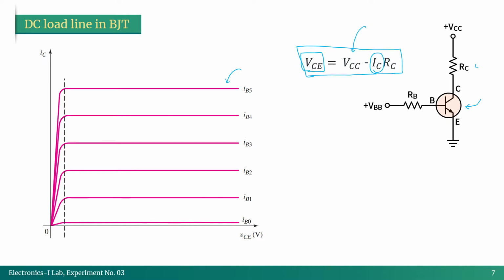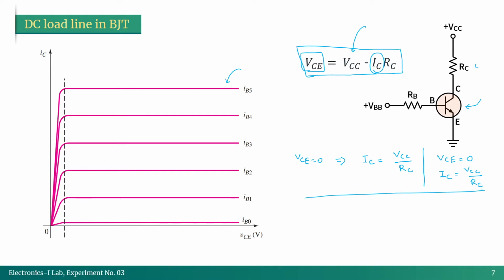Theoretically, if I want to draw that, the very simple idea is that we can just put VCE equal to 0. Then what will happen? We are going to get IC equal to VCC by RC, right? So that means we are going to get one data point where VCE is equal to 0 and IC is equal to VCC by RC.